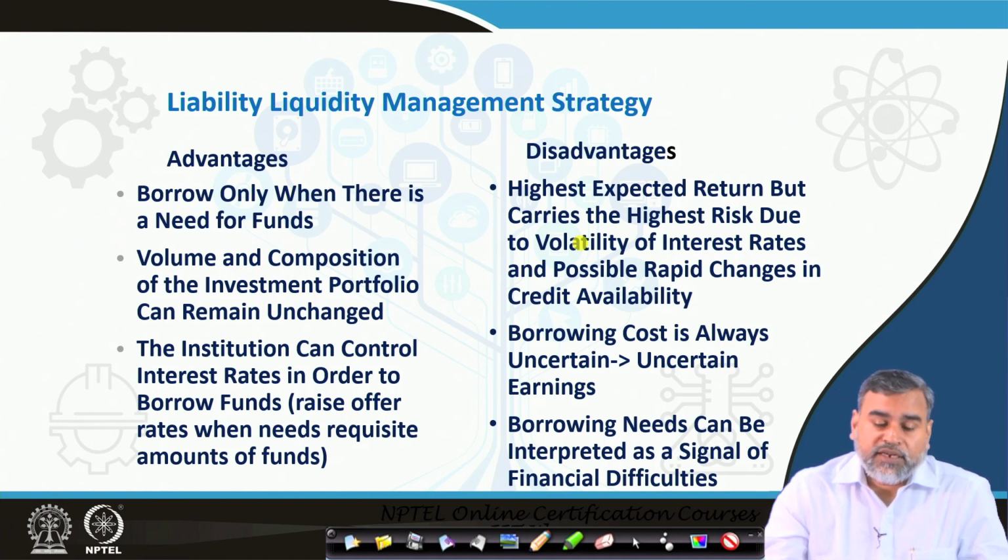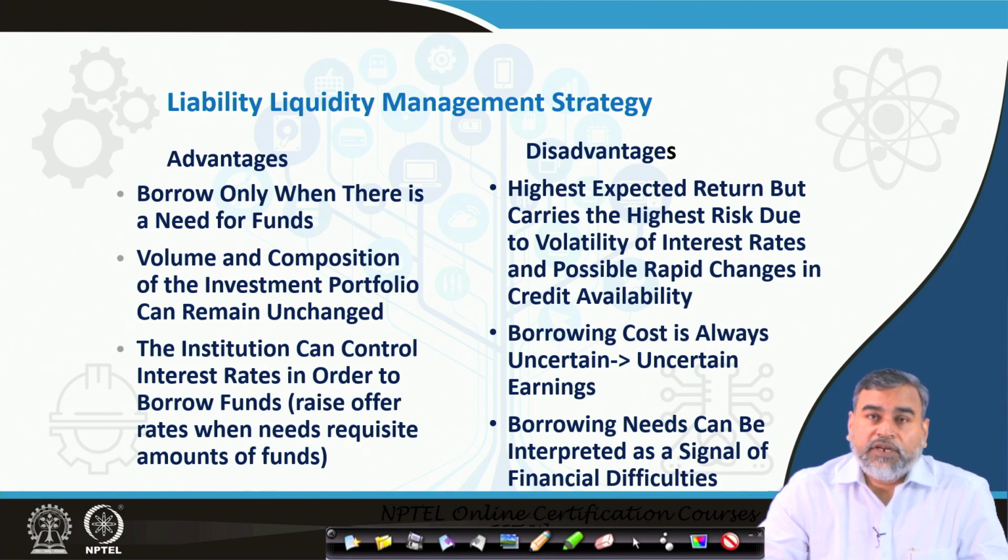But the disadvantages are the highest expected return carries the highest risk, due to the volatility of the interest rate and possible rapid changes in credit availability. Borrowing cost is always uncertain, and it may be more than the earnings you are generating.